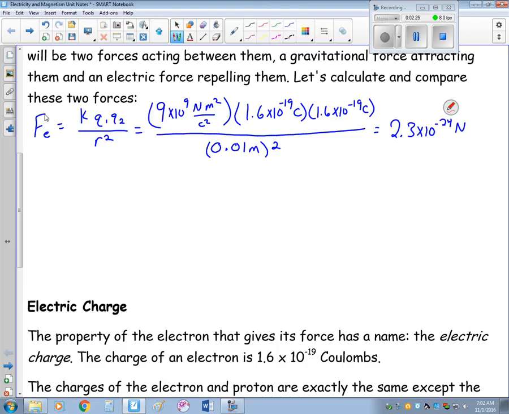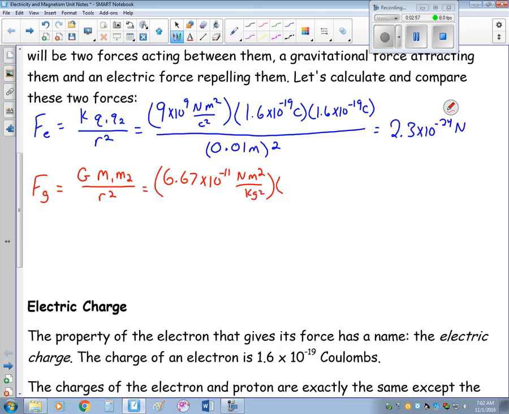Now let's calculate the gravitational force pulling them together. Mathematically, the 2 models are very, very similar. We got a constant times the product of the 2 masses divided by the distance between them squared. So capital G at 6.67 times 10 to the negative 11th Newton meter squared per kilogram squared.